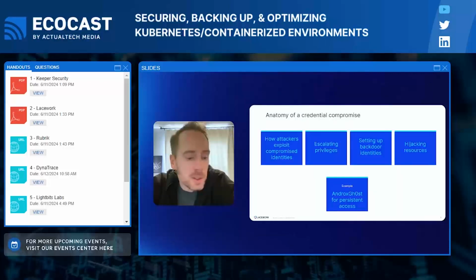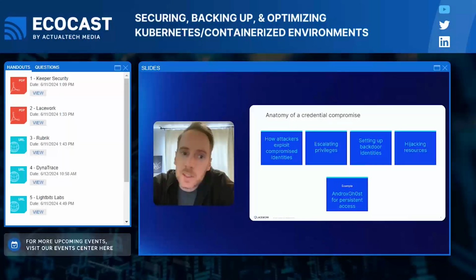We also see a common attack path, especially in AWS, where instances get compromised, whether it be a vulnerable application that leads to malware on the host. And then from there, they're either searching for credentials on that host or they're contacting a metadata service to get access.